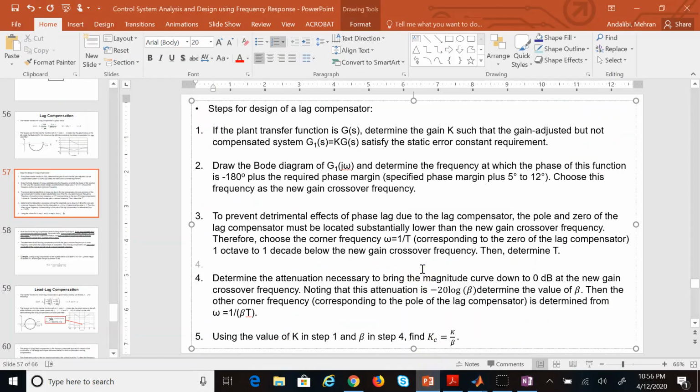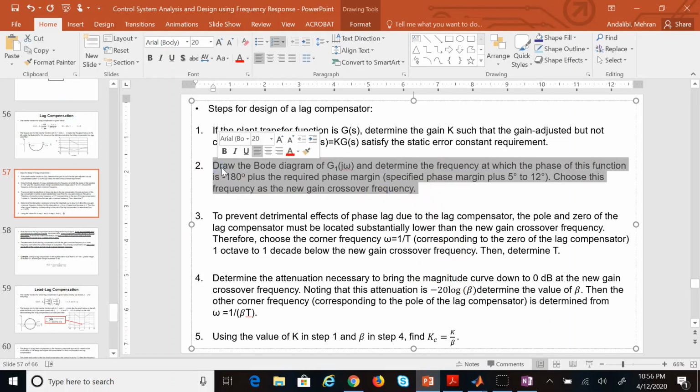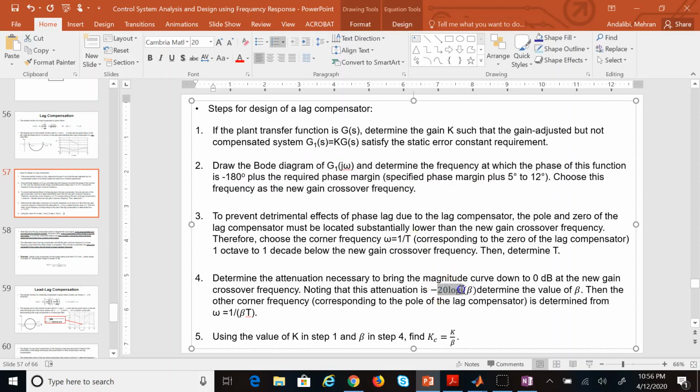To calculate beta, it says find the magnitude of G1 at that frequency we found in step number 2, which was 0.46. Find the magnitude at that frequency and set it equal to 20 log of beta, and that way you determine beta.